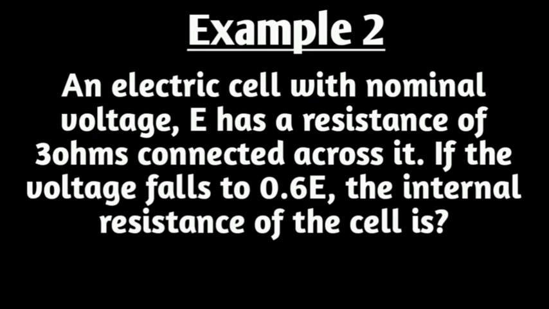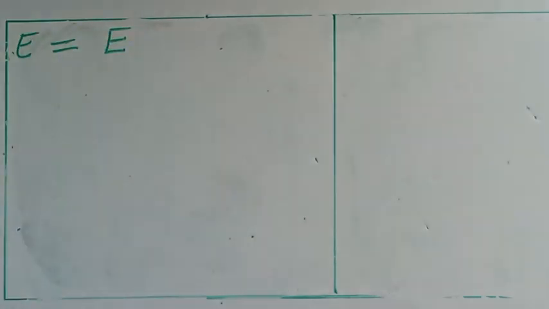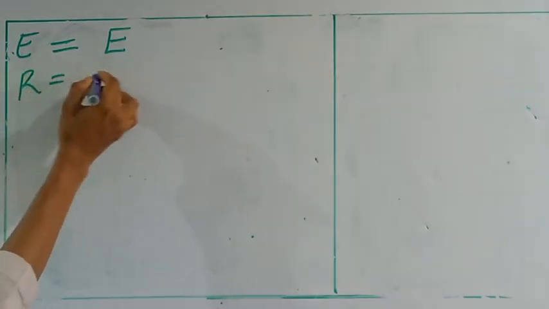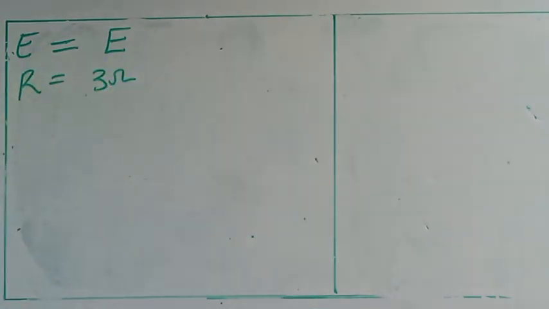Let the EMF of the cell be equal to that nominal PD, which is E. Then it has a resistance of 3 ohms across it. R is giving us 3 ohms.